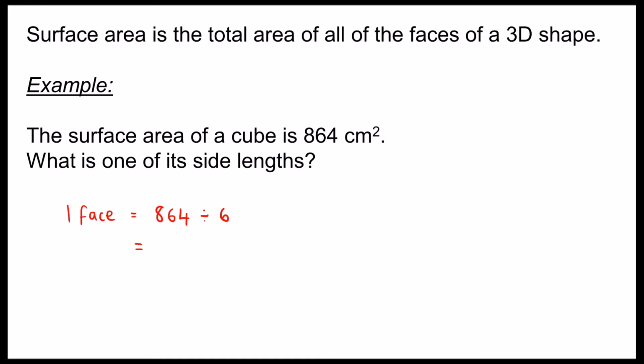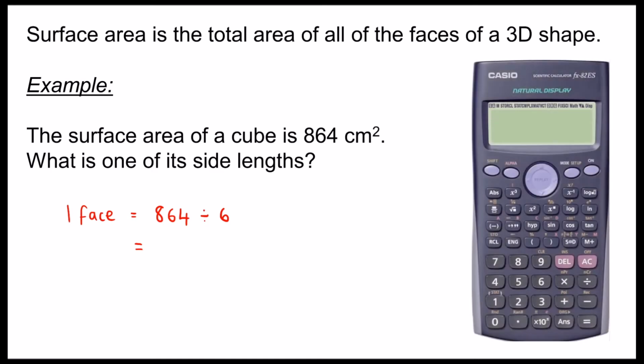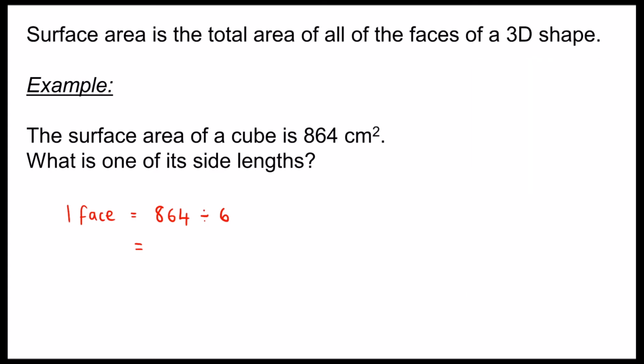Again, we can use our calculator. 864 divided by 6 gives us 144. Therefore, the area of one face is 144 centimetres squared.